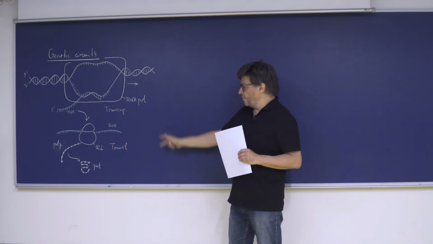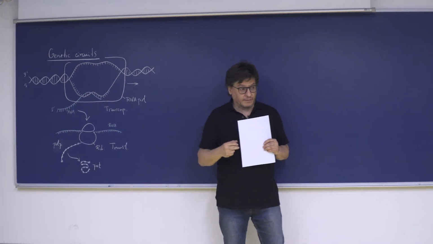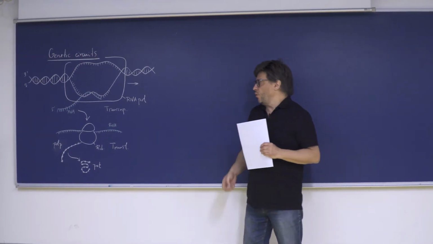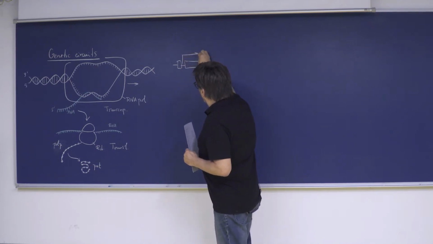But I just wanted to remind you that we are compressing a lot of details in the picture we're using when we write down genes as a simple scheme like this, right?